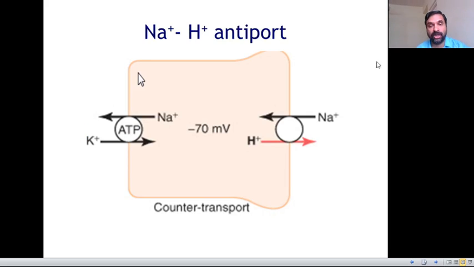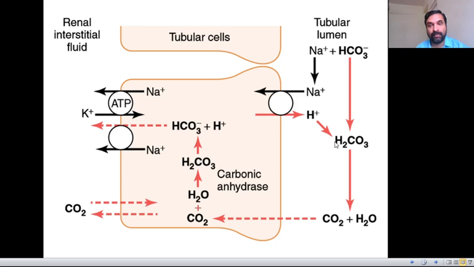In the basolateral membrane, there is sodium-potassium ATPase. It produces a gradient for sodium, and down the gradient, sodium is passively reabsorbed and H+ is secreted. That is sodium-H+ antiport.